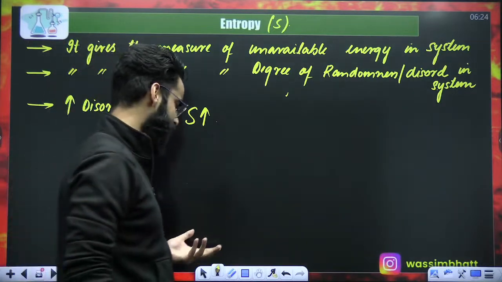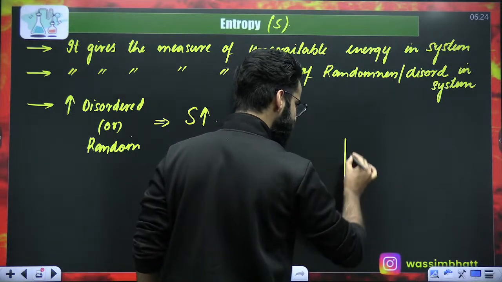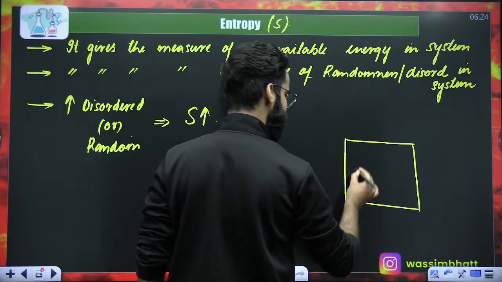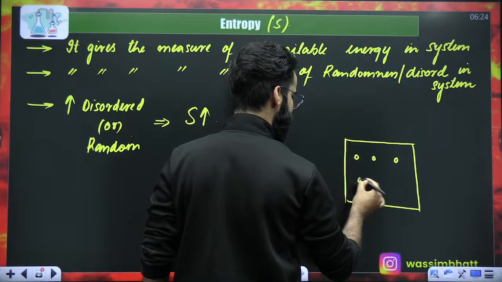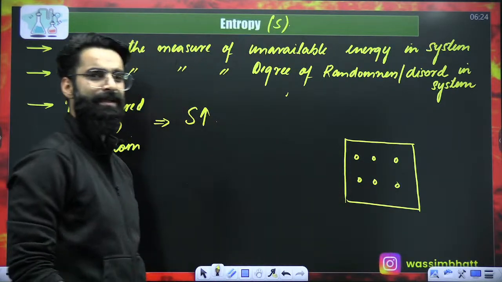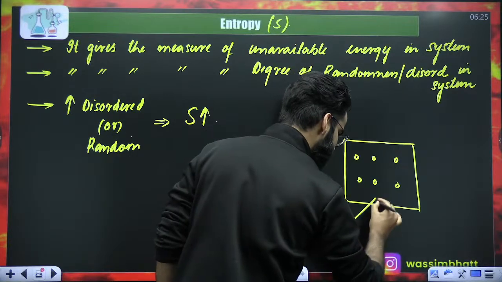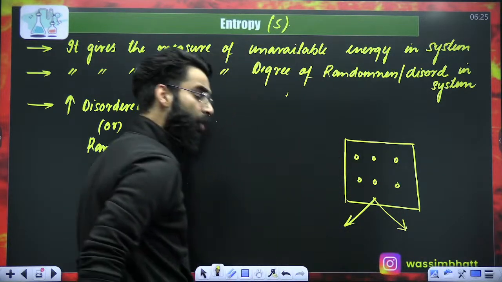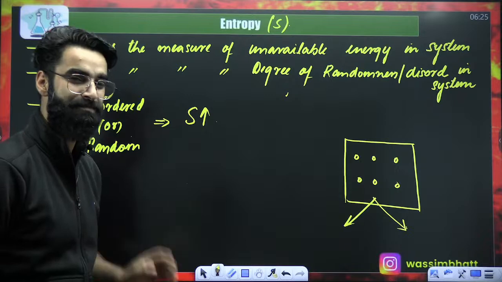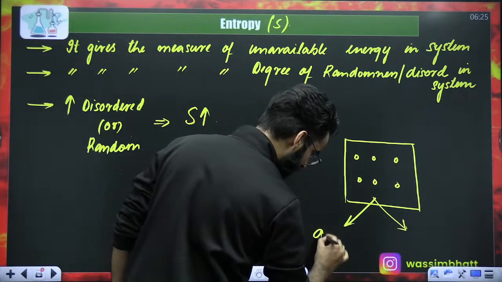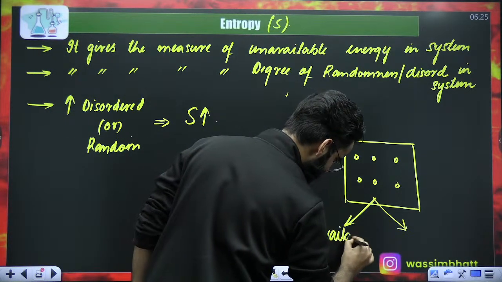So basically, my dear students, for example, this is the gas in the container. Just to make you understand, this gas is my system, right? In the system, actually, there are 2 types of energies. One is called available energy.